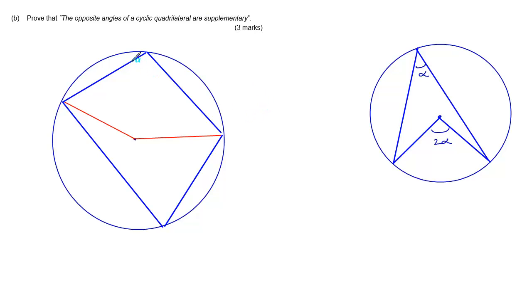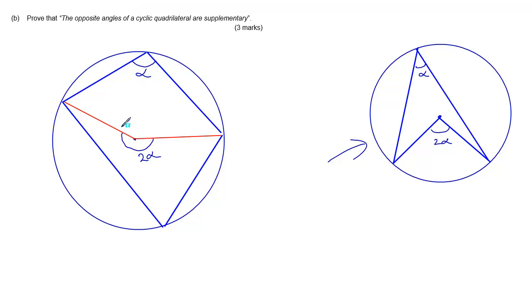Now, let this one be alpha. Then it follows that this angle here is 2 alpha. And you need to state that that's because of this theorem. You need to be very, very clear in what you're doing here.